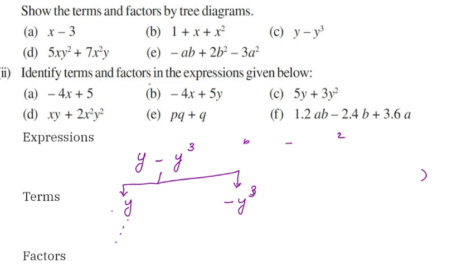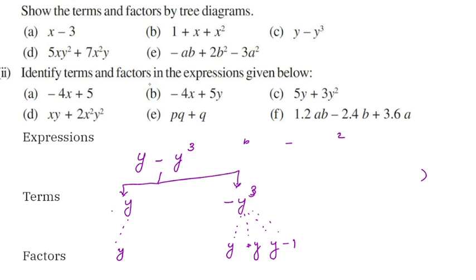What are the factors? y, and y cube is y, y, y, and the minus symbol we can represent with minus 1. So we have the factors y, y, y and minus 1. Here dotted lines are used to represent the factors and continuous lines are used to represent the terms.